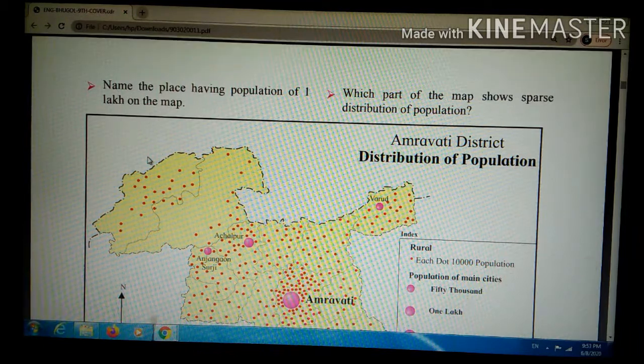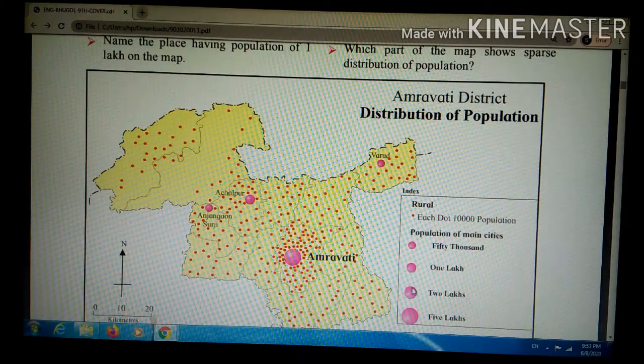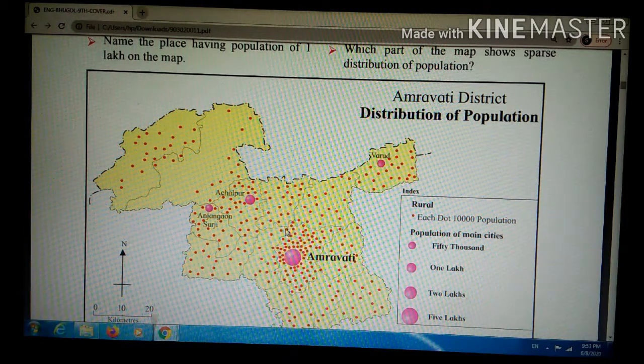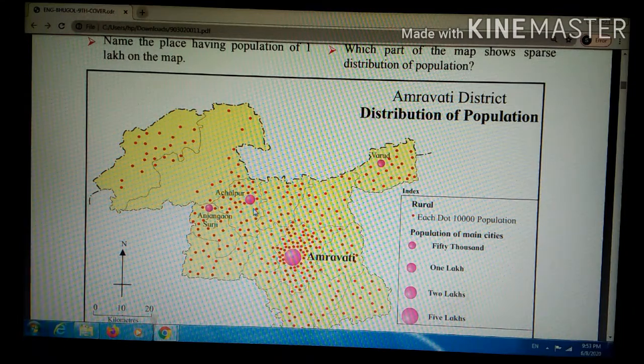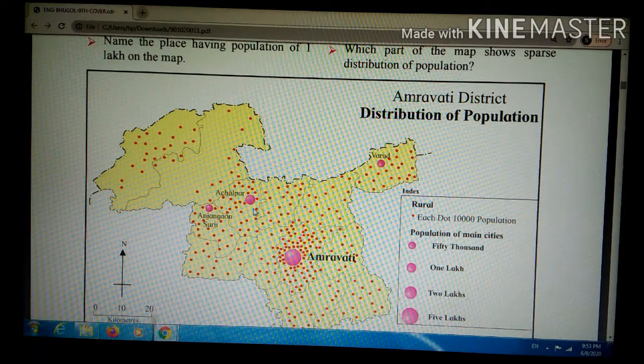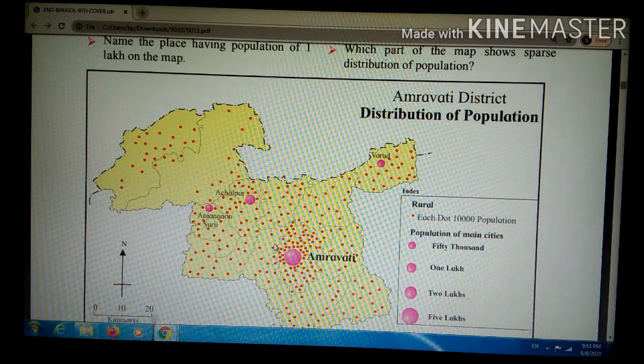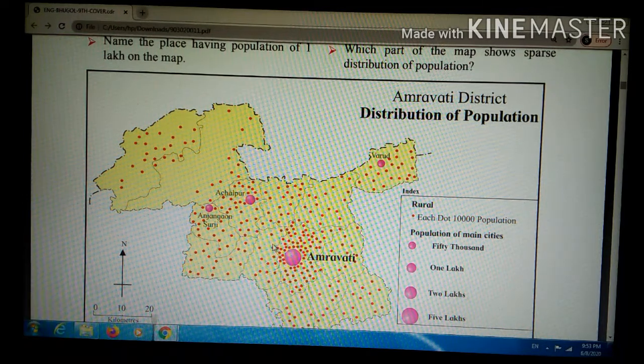See where is 1 lakh? 1 lakh is here. See the size and search for the size in the map. I think it is Achalpur, one of the main cities in Amravati, and its population is near about 1 lakh.